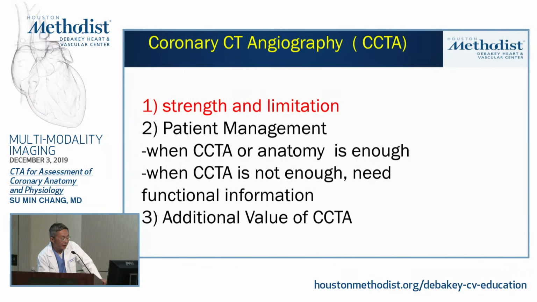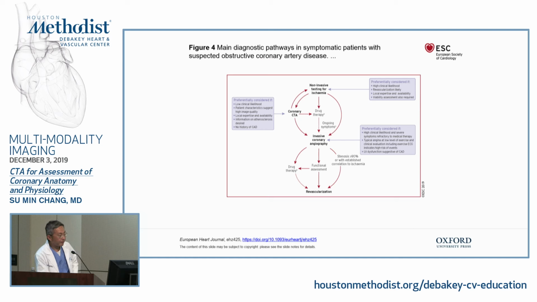You can have a very good success rate in deciding when anatomy is enough, okay? And we're going to obviously talk about when the anatomy is not enough, we need functional information. And the key here is, do we need to order another test, or is the CTA good enough? And if I have time, we can talk about other values of CTA.